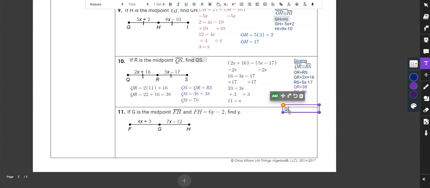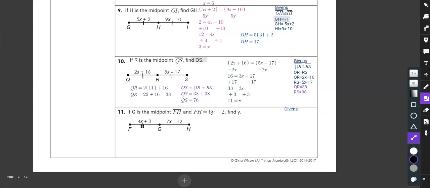So first we're going to list our givens like we've done on every problem. So we are given that FG, well, first let's say we got FH as G is the midpoint. So we are given that it's split in half. So let's go ahead and mark that on the picture first, just like we should.